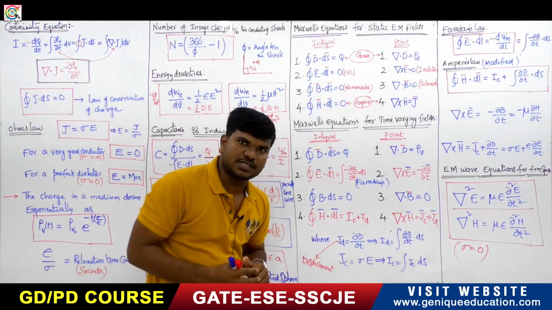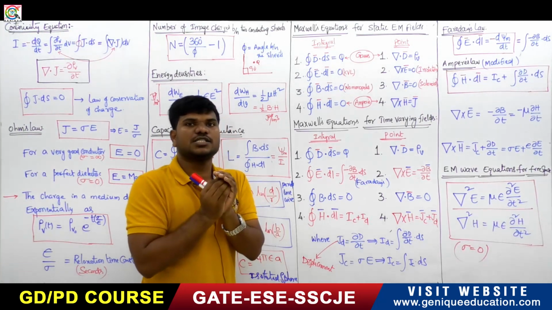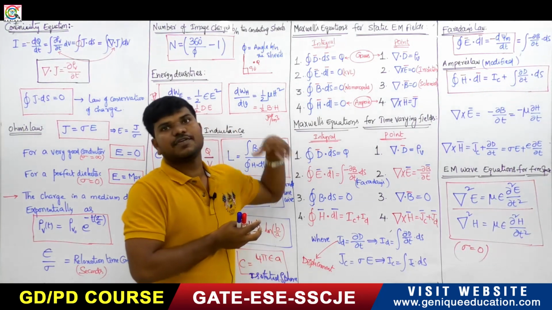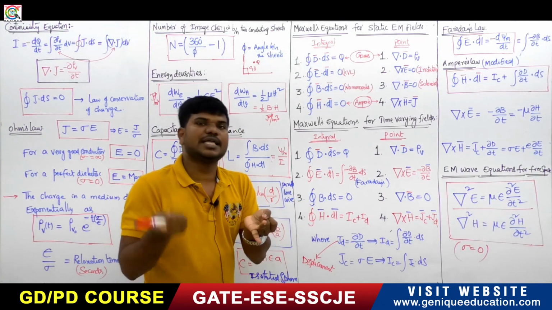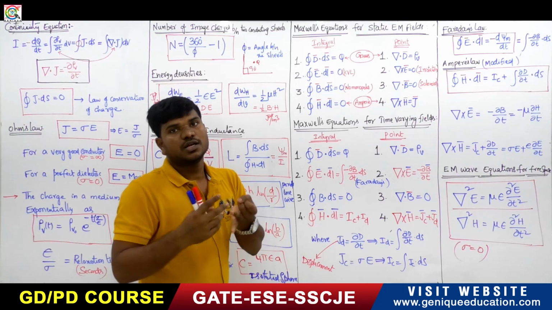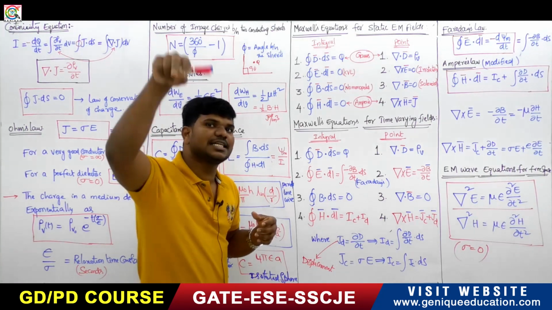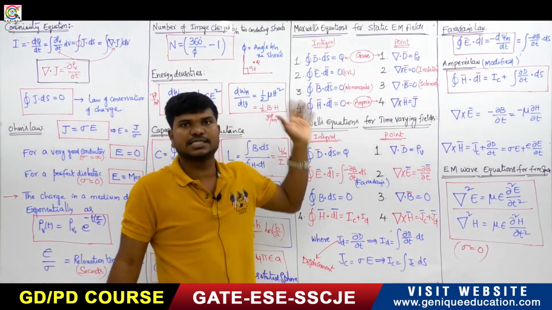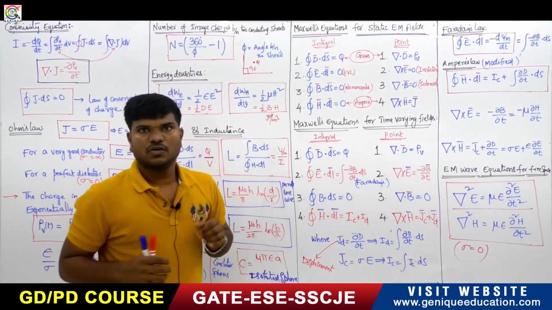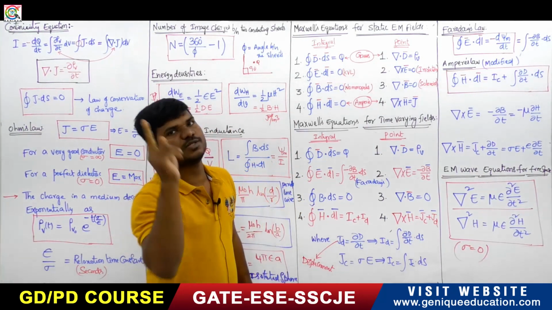Wherever you take any closed surface, the entering flux is equal to the leaving flux, meaning positive polarities and negative polarities will be there. These are the magnetic polarities. So two types of polarities are present in that closed surface. That's why we say no monopoles exist for magnets.